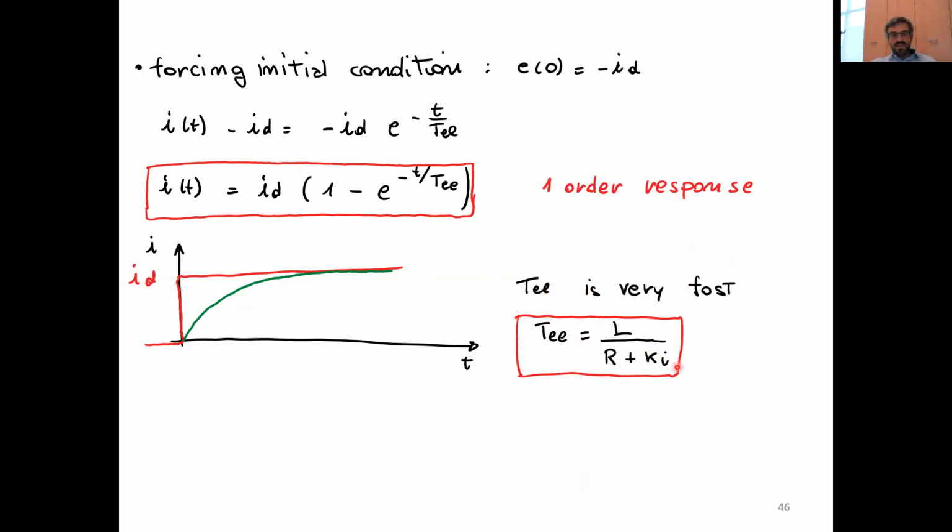And because of this difference in the time constant between the electrical and the mechanical one, we can consider that this inner loop makes our current control infinitely fast, and we can consider that we are able to apply the desired current all the time for the implementation of, for example, a position or a speed controller.